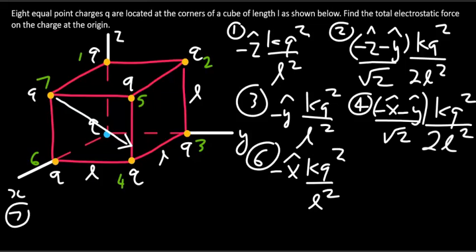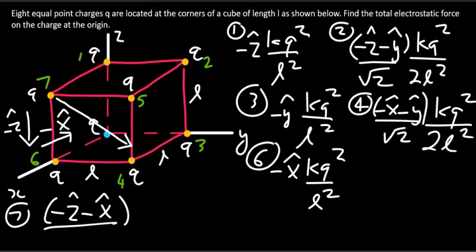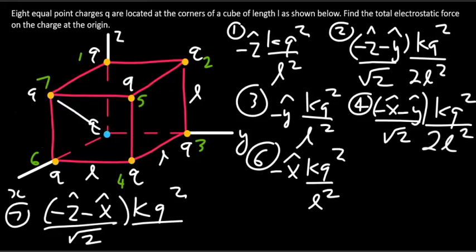So the direction of that unit vector will go down along the z-axis like that, and then along the negative x-axis like that. So the unit vector would be minus z hat minus x hat over square root 2 in order to get magnitude 1. The magnitude of that force is kq squared over the diagonal distance squared, which is 2L squared.